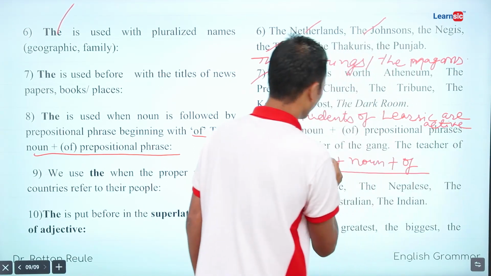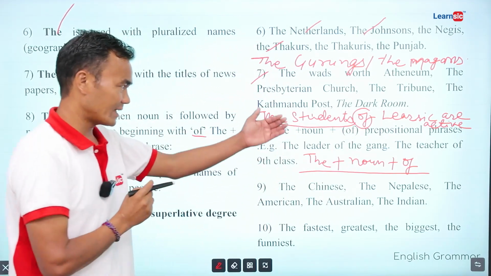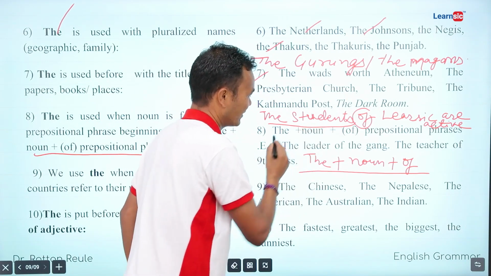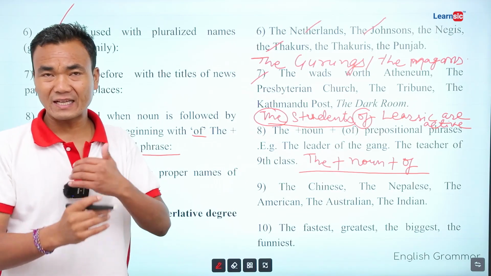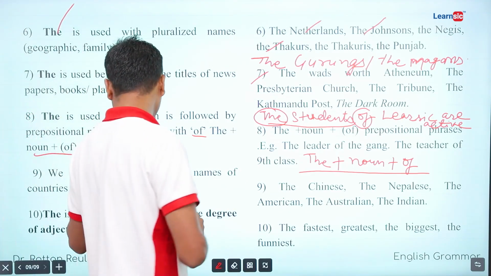So look at that, because of this of, and there is the before student, we have used the because of is making the sense definite, right? So let's move.